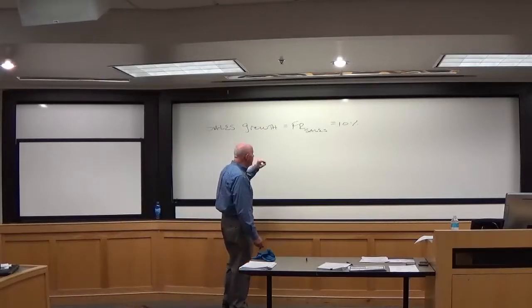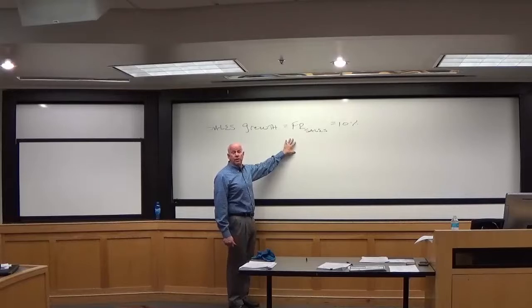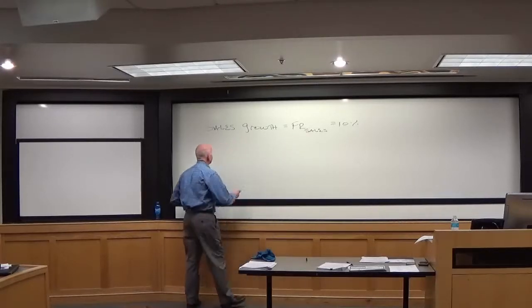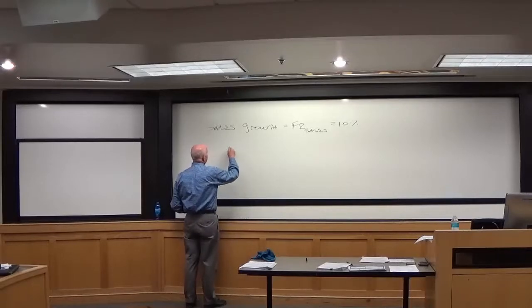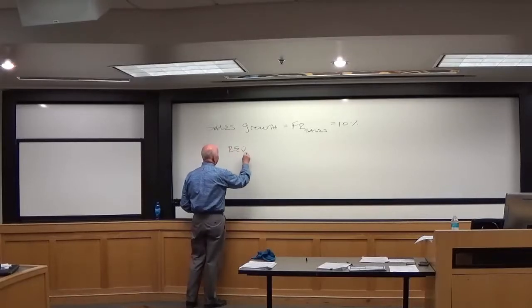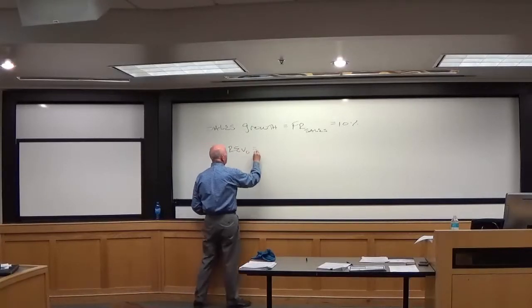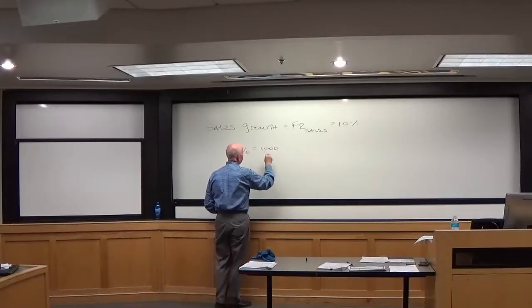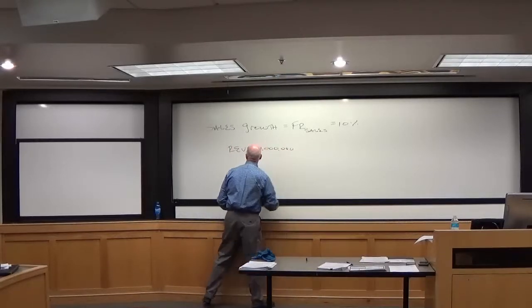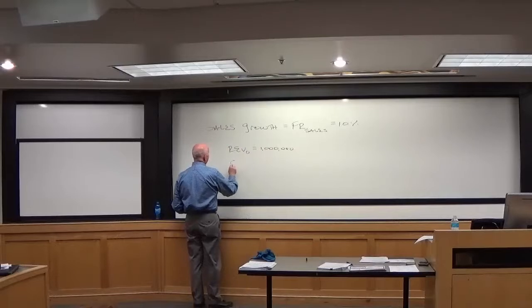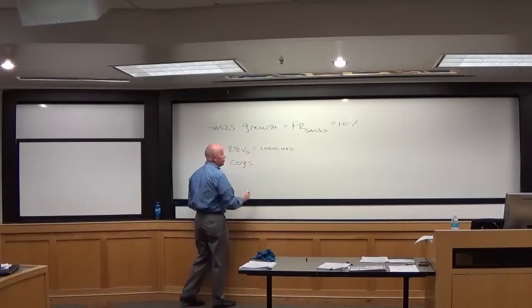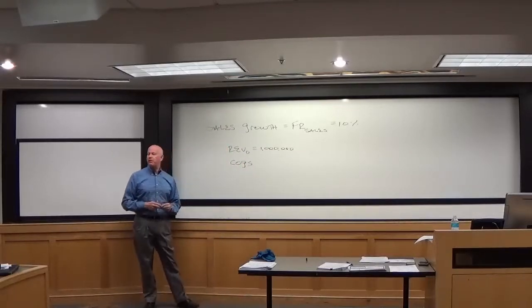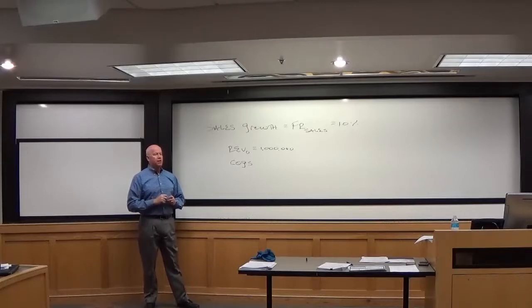Okay? So the first forecast ratio you're going to think about is your sales forecast. Think about this. If I know that I have a revenue in my base year of $1 million, and I have cost of goods sold, which is just one of many different expense categories in the operating expense area, right?